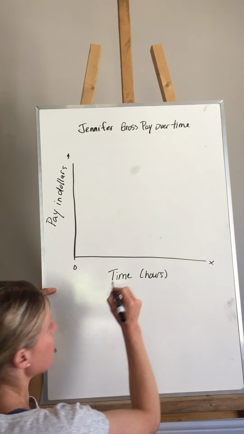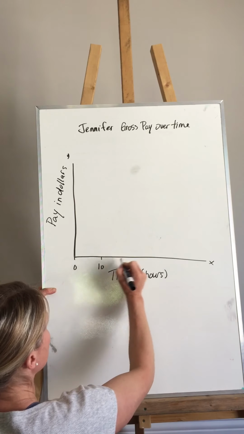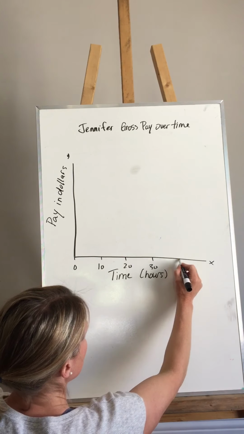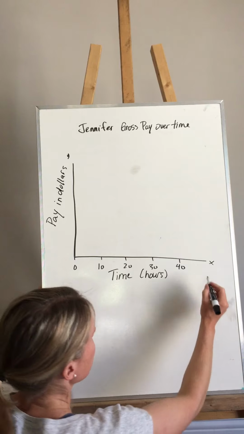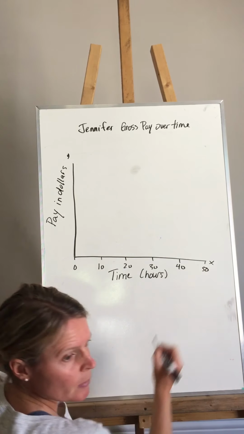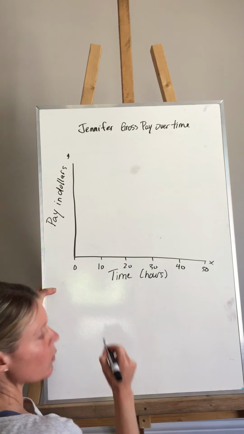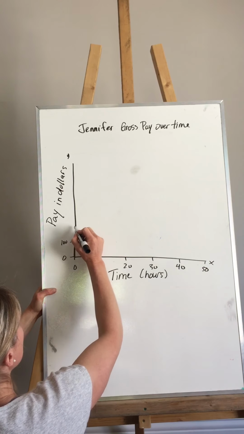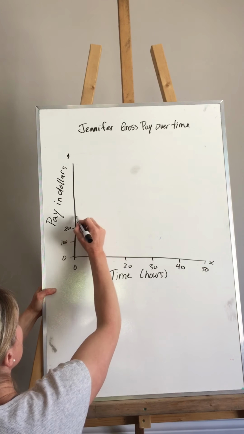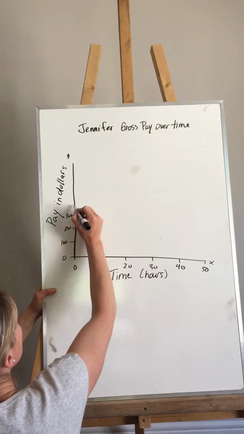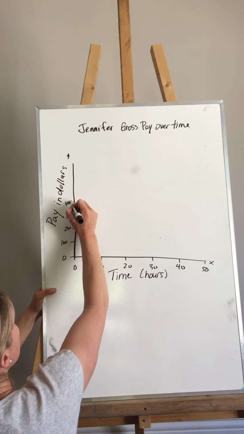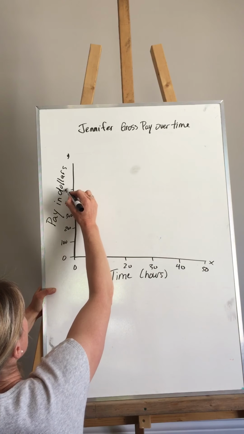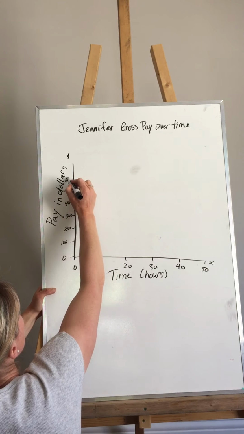The bottom is going to go up by tens: 10, 20, 30, 40, we'll go up to 50. And her pay is going to go up by hundreds: 0, 100, 200, 300, 400, 500, 600.